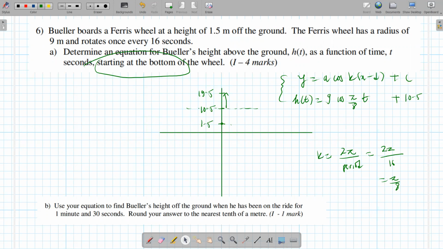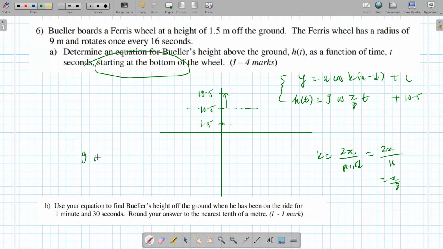So we have 9 cos pi over 8 times. I got 748.3. All right, so that's out of our range. So that's probably not right. Are you in radians? Maybe you're in degrees? Yeah, I am.